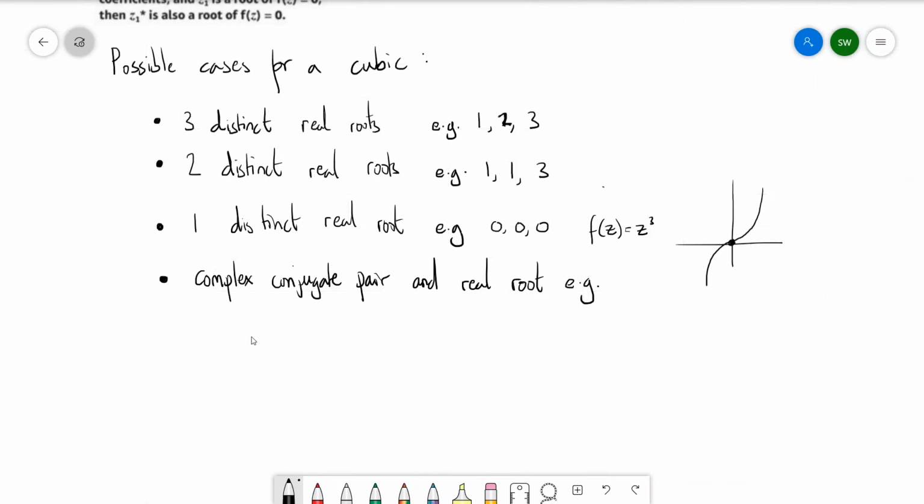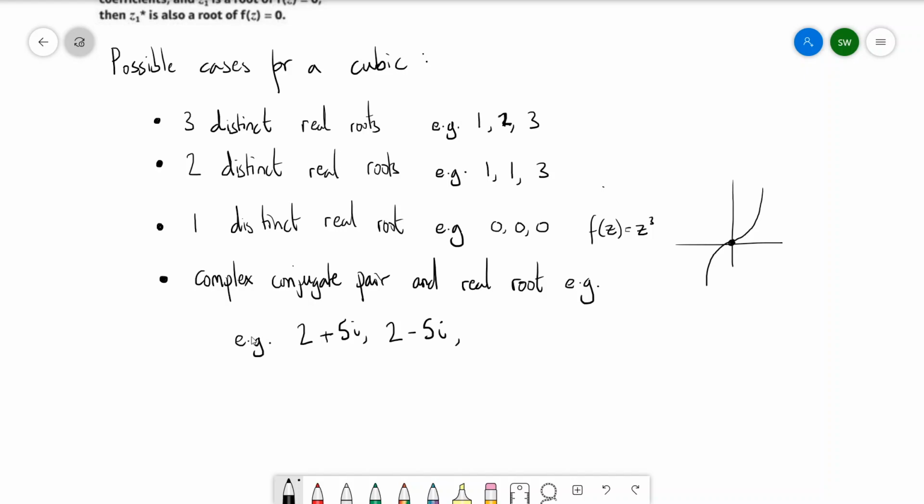Let's look at what happens when you've got a complex root. If we know that we've got a non-real complex root, so for example 2 plus 5i, then as long as the coefficients in the cubic are real, the other root is going to be 2 minus 5i.